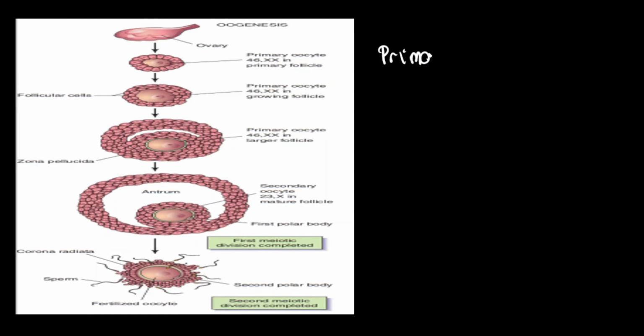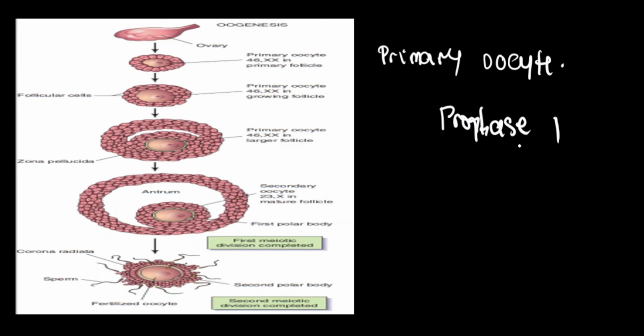So it was arrested at prophase 1, and when the female baby was born, she had all the oocytes that she would need throughout her lifetime, all arrested at prophase 1. We also saw that just before the onset of puberty, just before menarche, there is a rise in the luteinizing hormone level that triggers the continuation of this meiotic division.